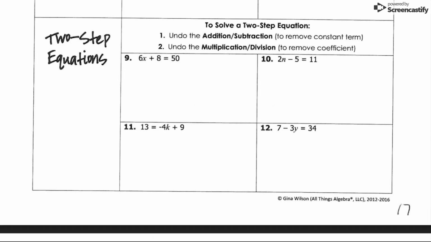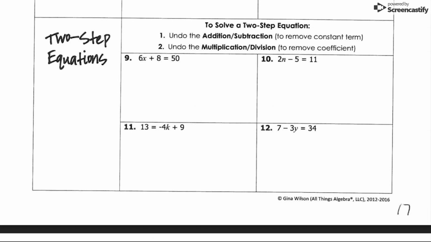And then over here, I have 7 minus 3 times y. So I got to get this y alone. Now be careful. Once again, even though this is minus 3, there is a variable directly behind it, so that's multiplication. So really the 7, the one by itself, you always move the one without the variable first.